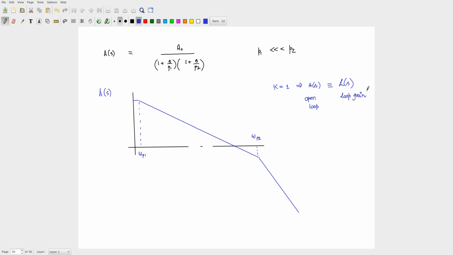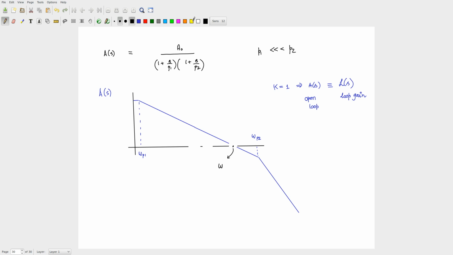And from our discussion about feedback, which frequency range in this plot does feedback appear in the closed loop? Less than what? This is the omega u loop.